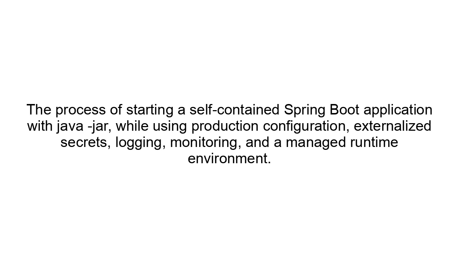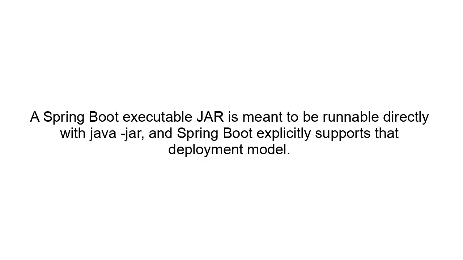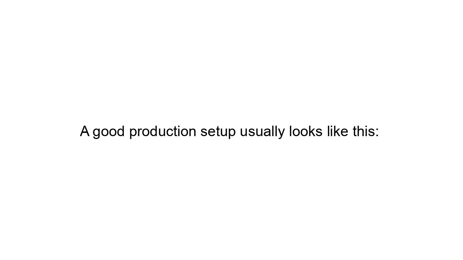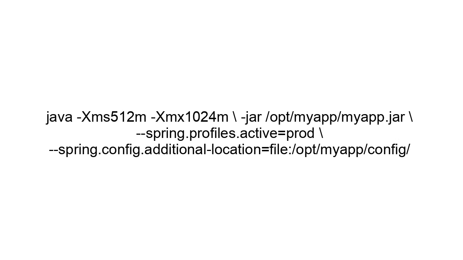a managed runtime environment. Final summary: a Spring Boot executable jar is meant to be runnable directly with java -jar, and Spring Boot explicitly supports that deployment model. A good production setup usually looks like this: java -Xms512m -Xmx1024m -jar /opt/myapp/myapp.jar --spring.profiles.active=prod --spring.config.additional-location=file:/opt/myapp/config/.